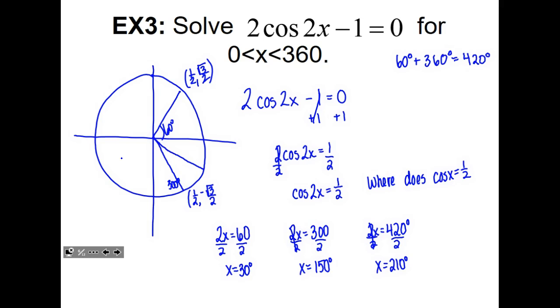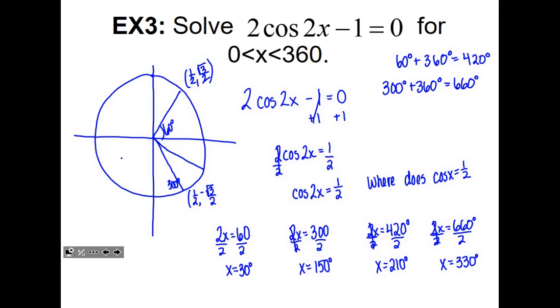Okay? Let's try the same thing with 300. 300 plus 360 is going to give us 660. So 2x equals 660. Divide by 2. x equals 330. And that is still between 0 and 360, so it's also an answer.